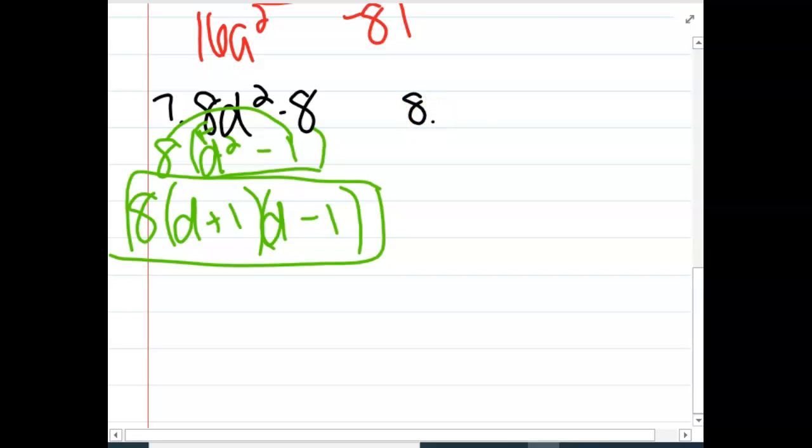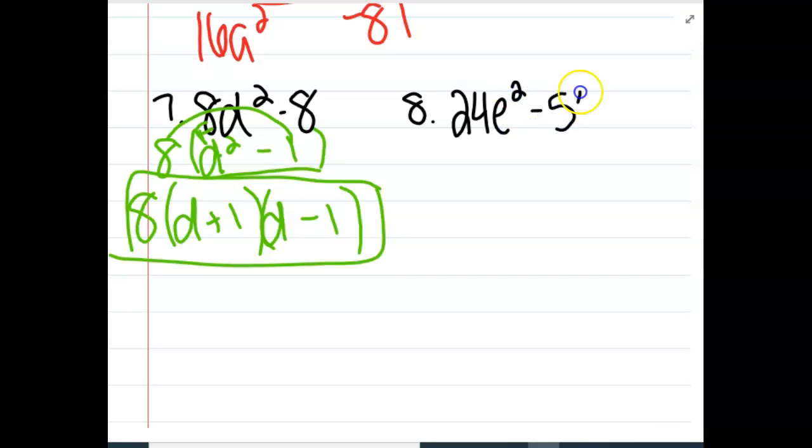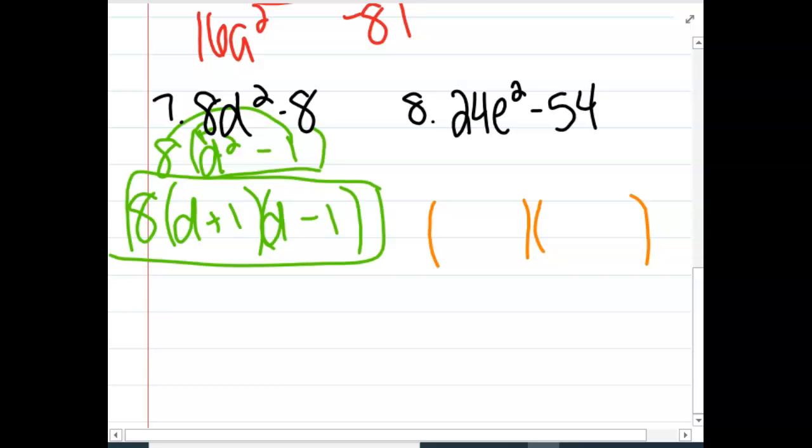Okay, number 8. So we have 24e squared minus 54. Now this, once again, if you try to just jump to factoring this and say, okay, what times what gives me 24e squared, with the understanding that it has to be the same number, there's nothing squared that gives you 24.